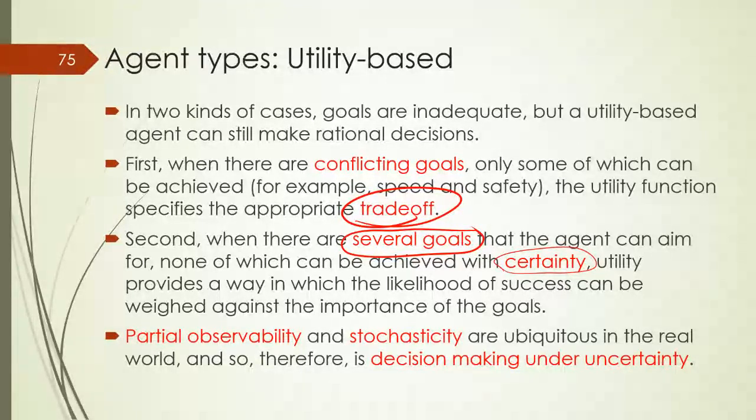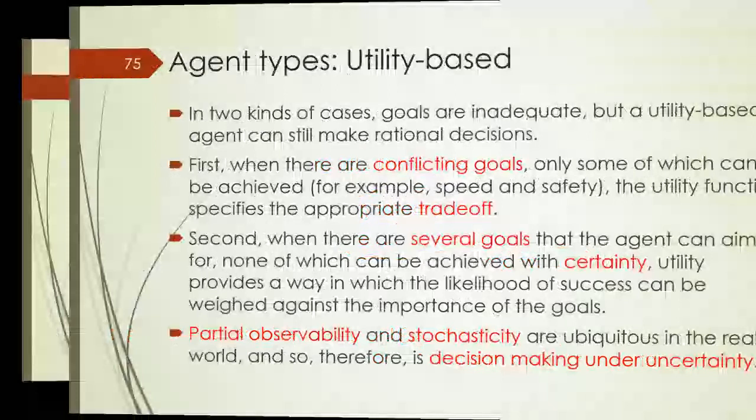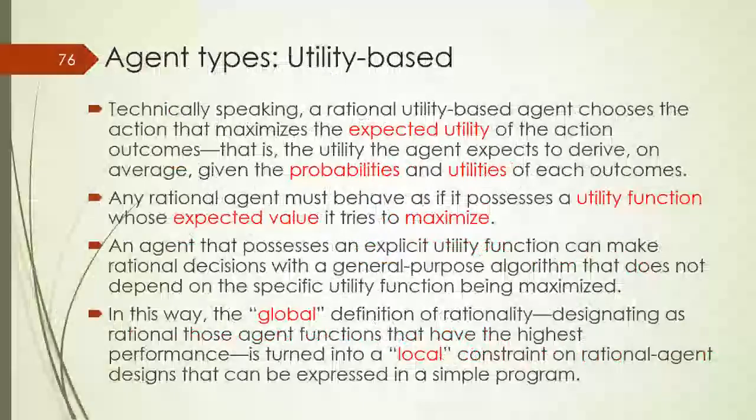Partial observability and stochasticity are ubiquitous in the real world, so these sorts of agents might be very useful in those cases. Technically speaking, the rational utility-based agent chooses the action that maximizes expected utility, based on the probabilities and the utilities you have. The utility function will be defined, and we try to maximize the expected value of that.